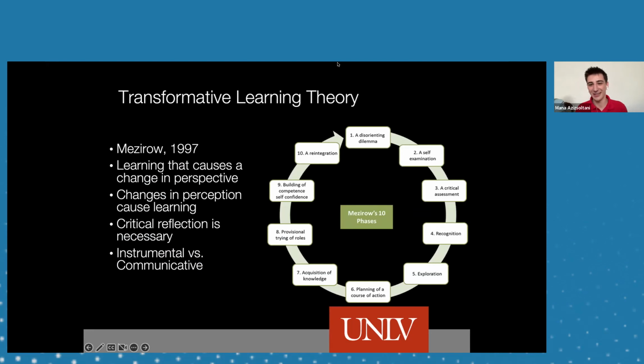And then we sit down and tell them, okay, let's look at the problem. Let's look at what's going on. That goes into the critical assessment, the recognition that maybe we could do this, and the exploration of the problem. Then I guide them through what they could do with the data, what they could do with the problem, how they can solve it, what's possible in R.